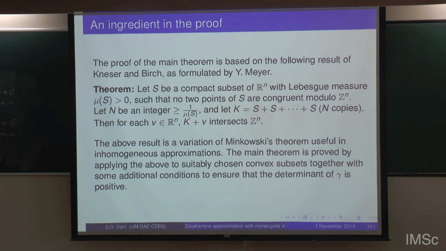Now the prescription is that you take S plus S plus S, etc., N times. This is the N here. For instance, if you also assume that this set is convex, then this is simply N times S.